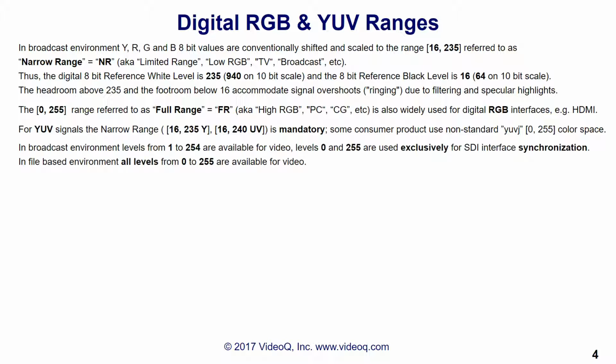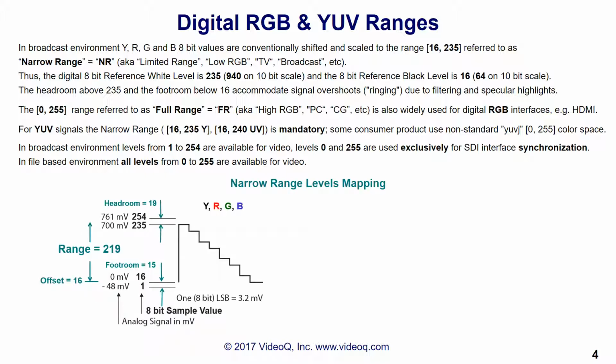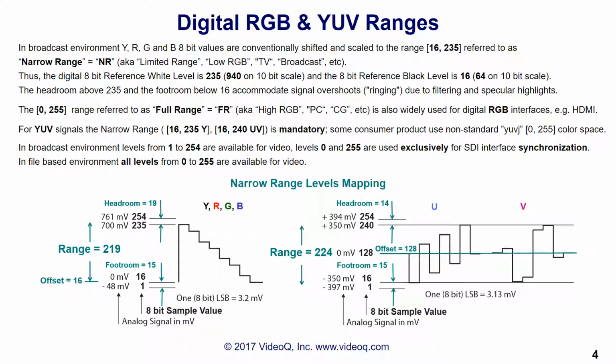The headroom above 235 and footroom below 16 was originally reserved for signal overshoots, sometimes called ringing, due to filtering, but today that's mostly a legacy issue. In YUV signals, the narrow range, 16 to 235 in Y, 16 to 240 in UV, is mandatory.